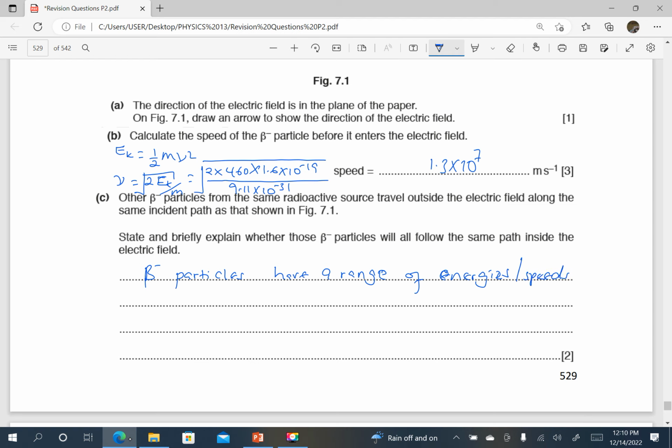Of course, since momentum is mass times velocity, when I say range of energies, that implies speeds, that implies momenta. So beta minus particles have a range of energies, a range of speeds, or a range of momenta. So they may follow different paths because they have a range of energies.